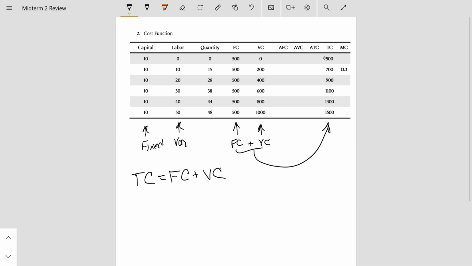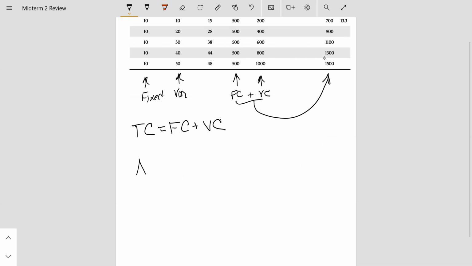So it's holding up. Now, what I'm interested in is what is our average fixed cost, our average variable cost, and our average total cost. Well, average total cost takes your total cost at some level of quantity, divided by that quantity.